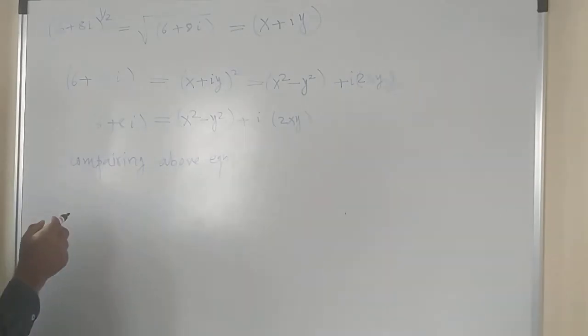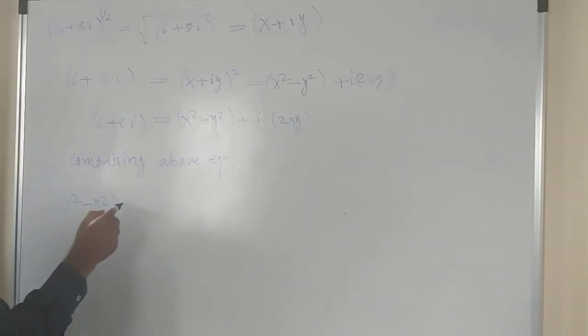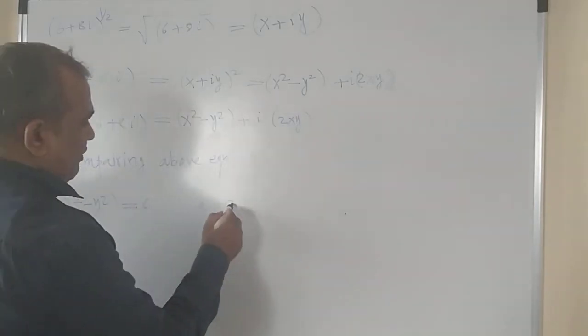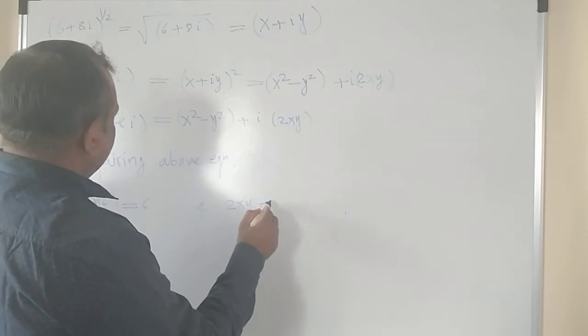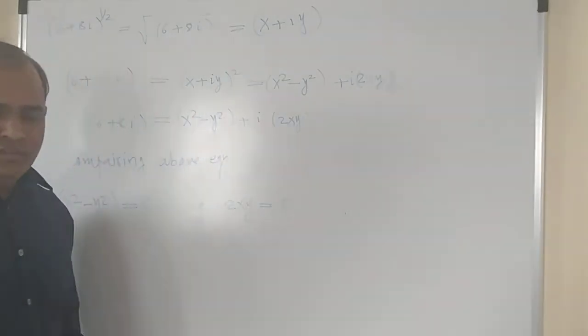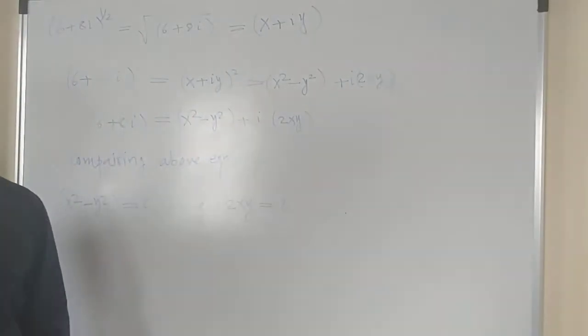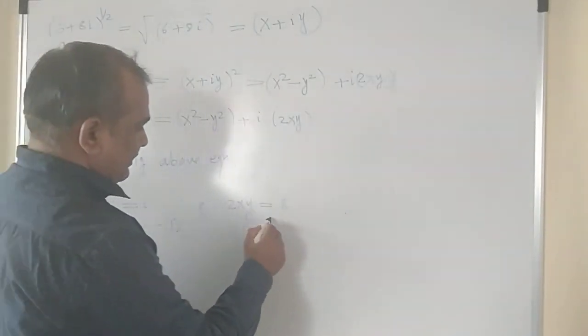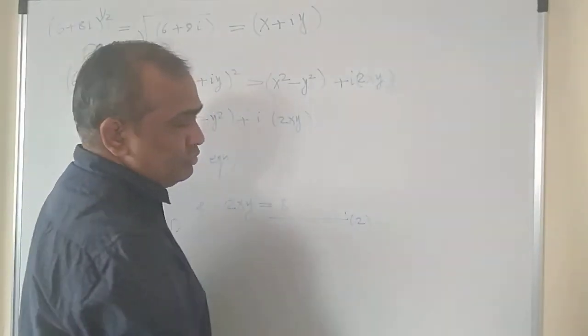You will get x square minus y square equals 6, and 2xy equals 8. You got these two values, isn't it? Let us say this is our equation number 1 and this is equation number 2.